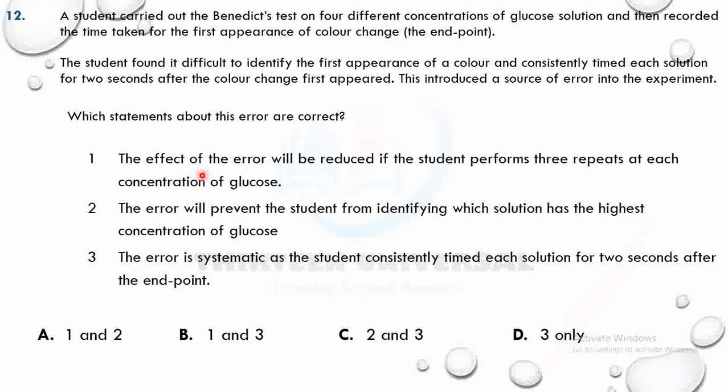Now number 2 says the error will prevent students from identifying which solution has the highest concentration. No, it's easy. It's just that the students cannot identify the actual time. It's always 2 seconds after the color change. The highest concentration of glucose will always be brick red.